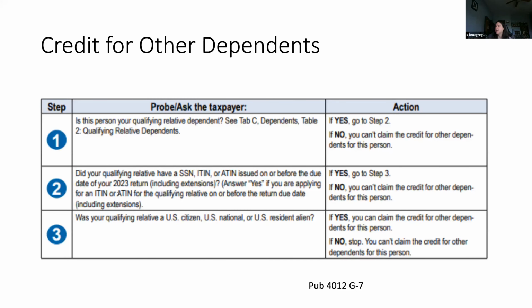Again, there's a nice little chart in the 4012 guide where we can go through and say, is this one of your qualifying relatives? Do they have ID documentation? And are they a citizen, national, or resident alien? This one's a lot more simple and a lot more widespread, and more people can take this than the child tax credit.